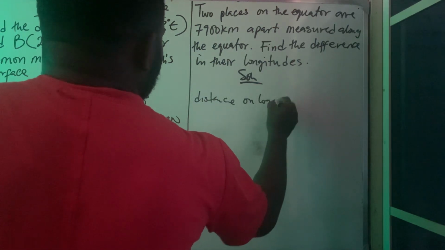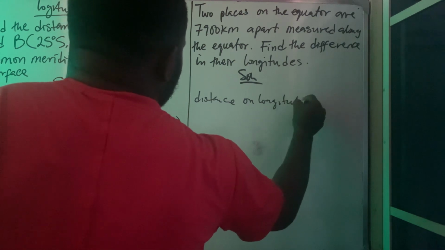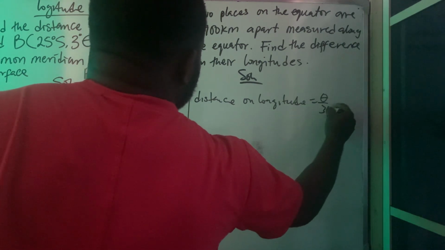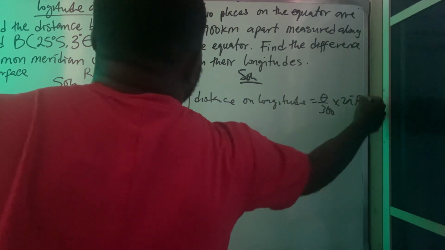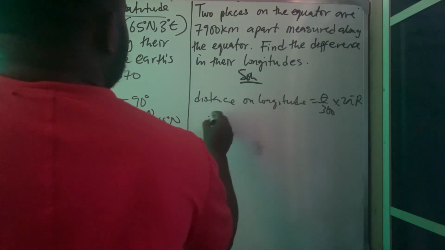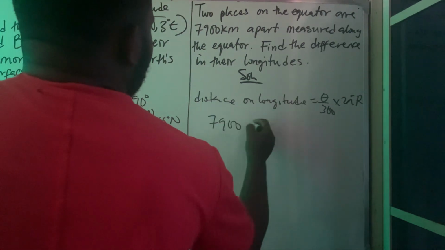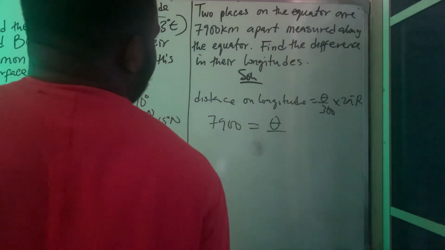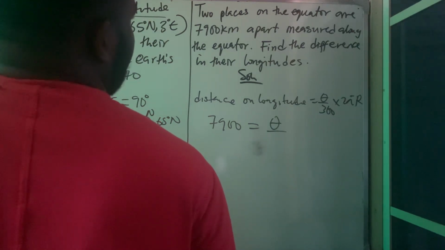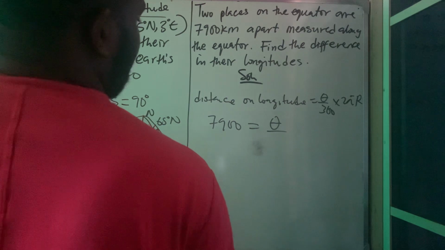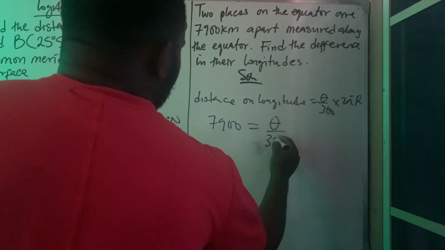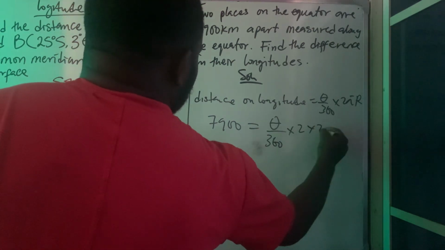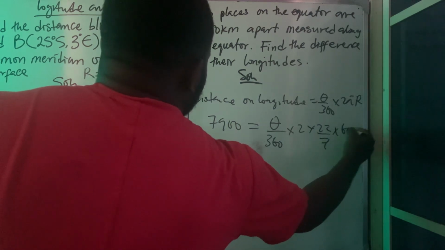And distance on the longitude is given by theta over 360 times 2 pi big R. So what do I have? They've given me the distance as 7,900, which is equal to theta, the angular difference I'm looking for, the difference in their longitude, over 360 times 2 times 22 over 7 times 6,400.